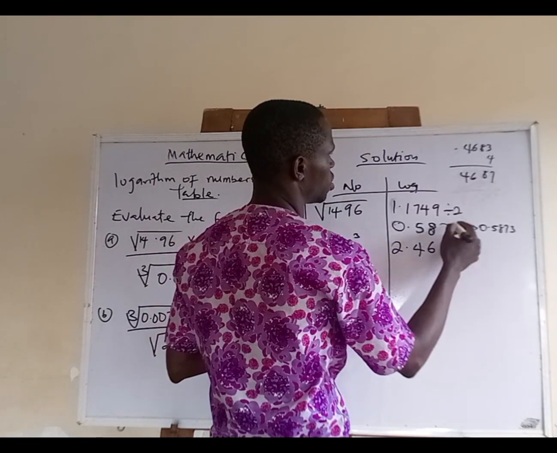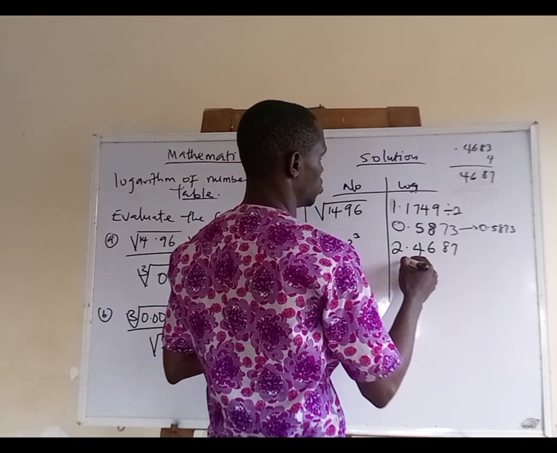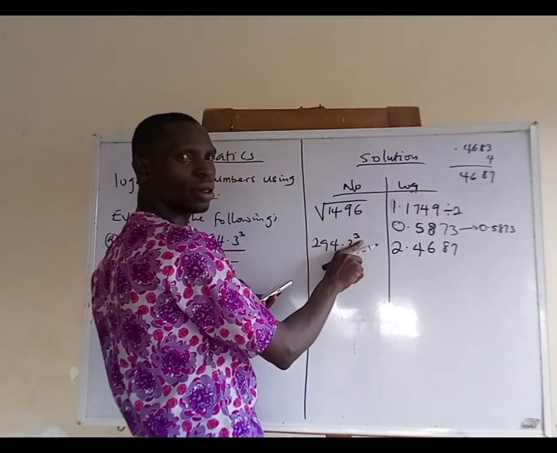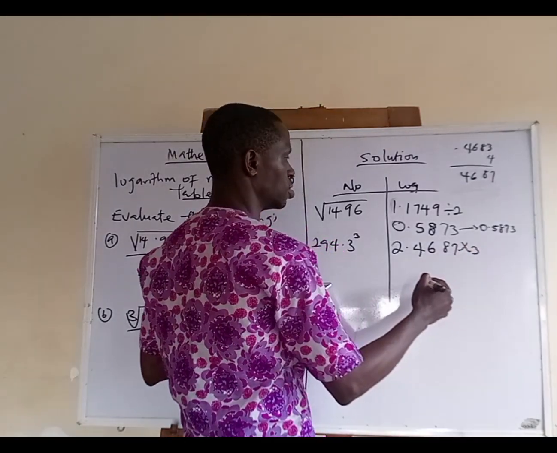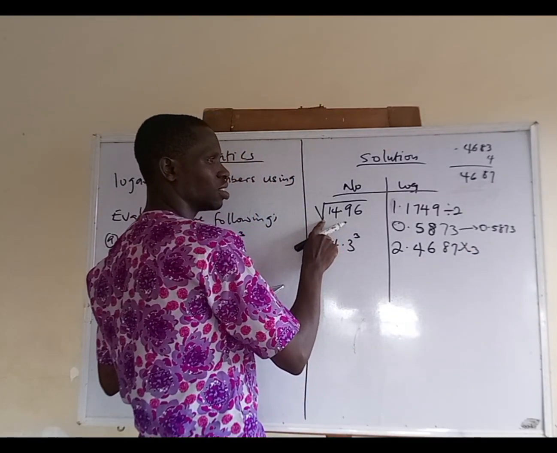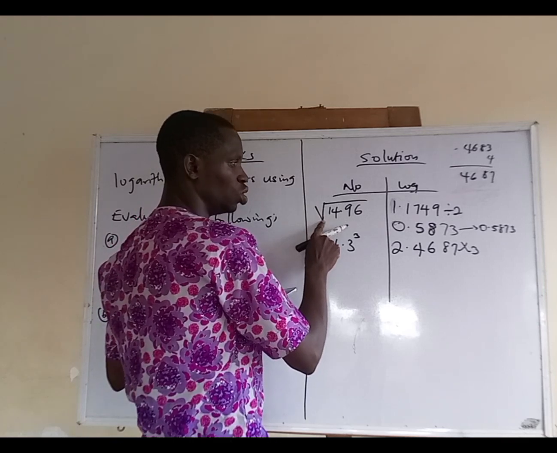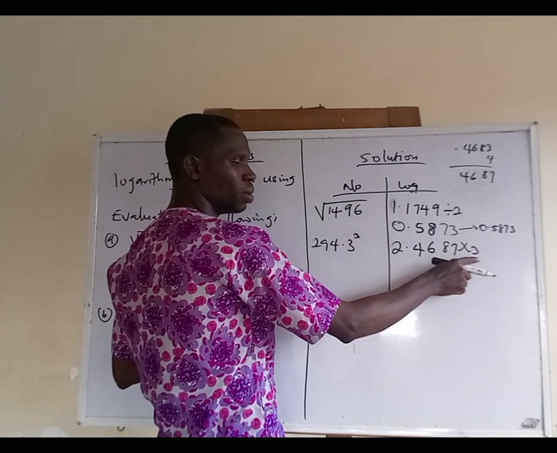4687. Now, we have cube here. So because we have cube here, you multiply by 3. Can you still remember, when you have it as a root, you divide. When you have it as a power, you multiply.